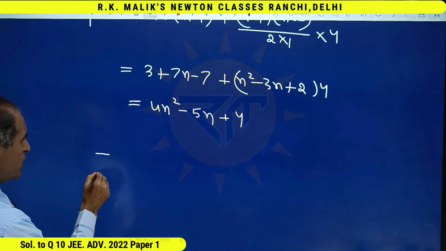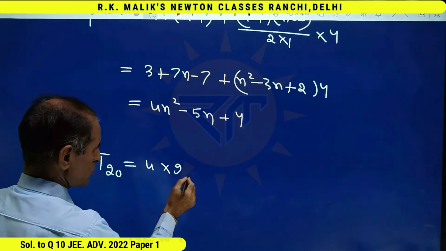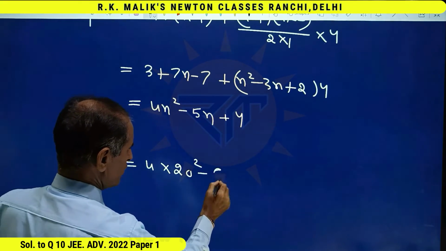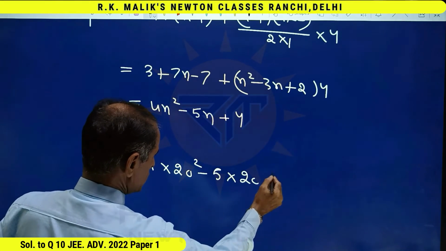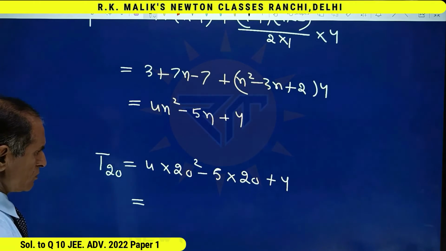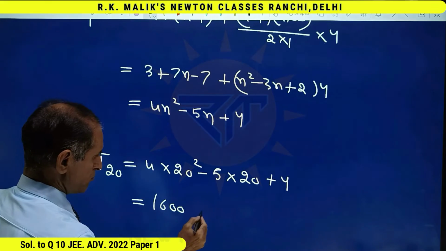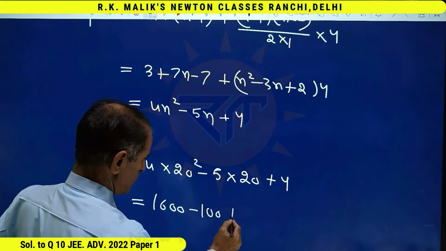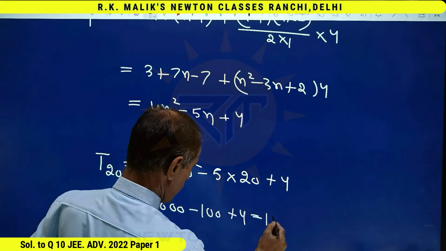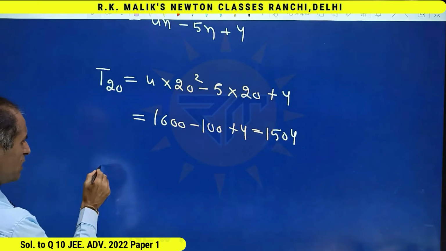And now if I want to find T20, it will be 4 into 20 square minus 5 into 20 plus 4, that is 1600 minus 100 plus 4, that is 1504.